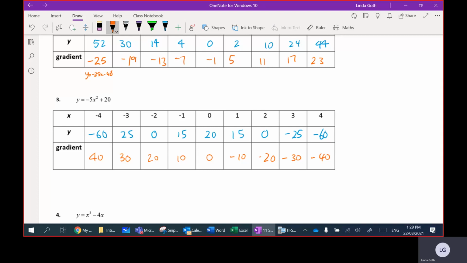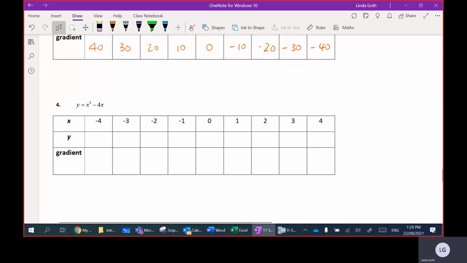So I'm just going to write my answers in, and we'll have a look at the equations for these things together in just a moment. Final values here.